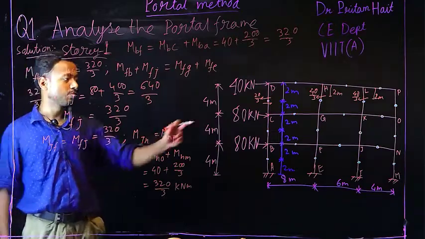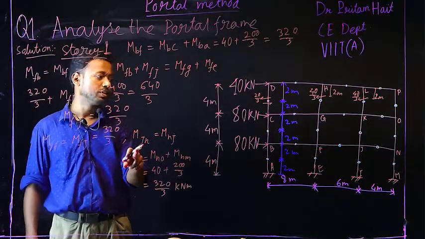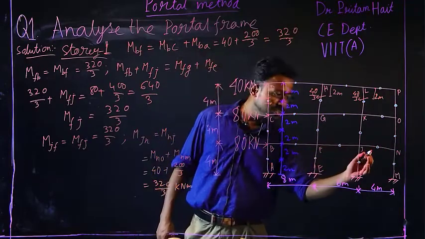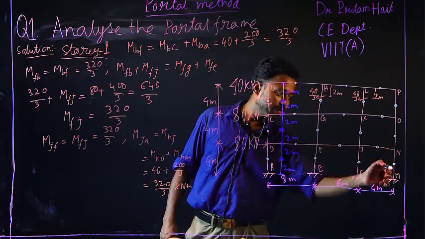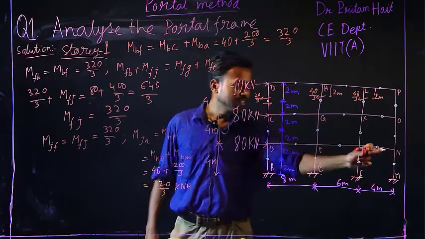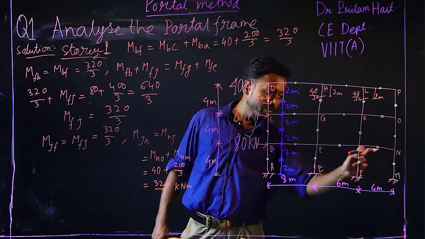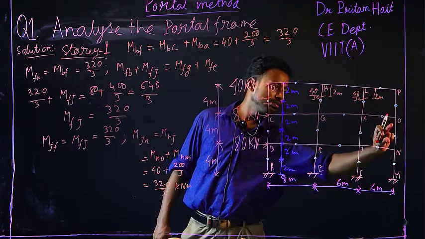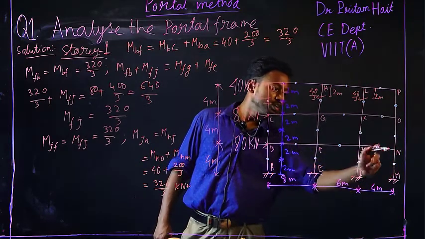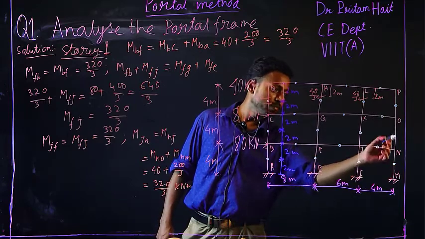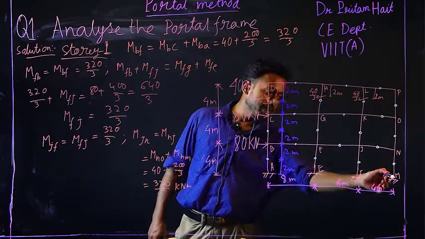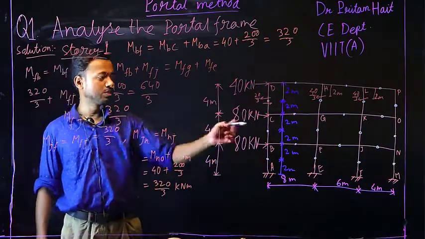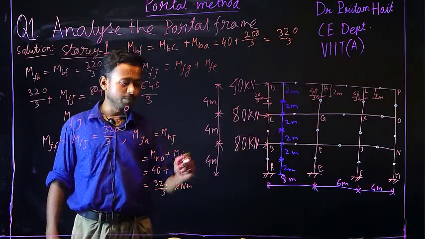Okay. Now come to the last member, that is MJN. MJN equals MNJ. MNJ equals MNO plus MNM. What is the beam moment? This beam moment will be equal to this column moment plus this column moment. So MNJ equals MNO plus MNM.